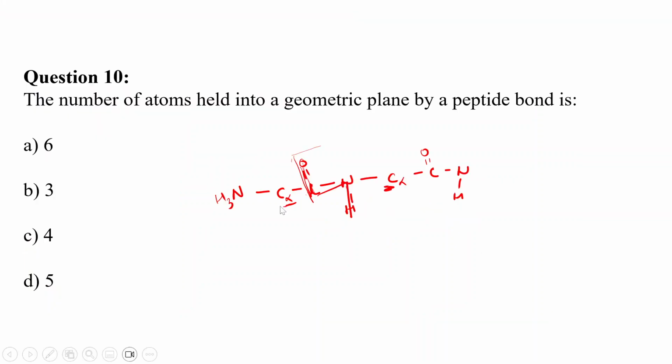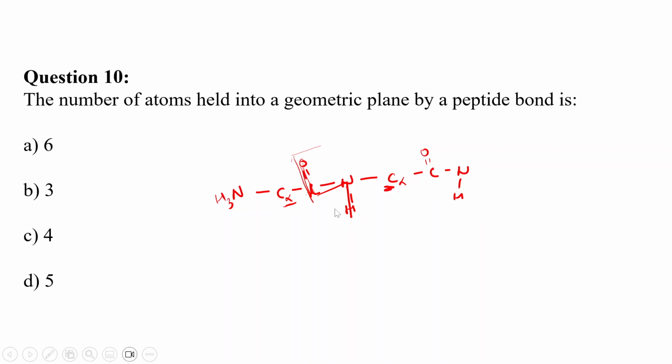These two C alpha, the C alpha of the first amino acid and the C alpha of the second amino acid, are attached to that plane. So that geometric plane is holding 6 atoms in total. If you count 1, 2, 3, 4, 5 and 6.